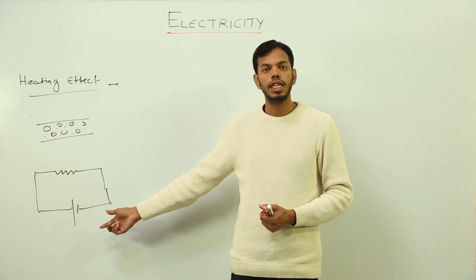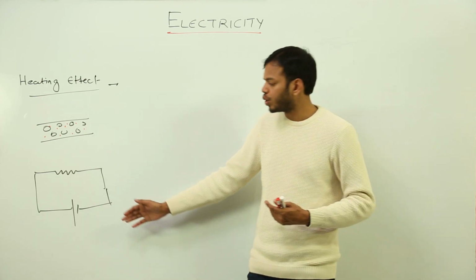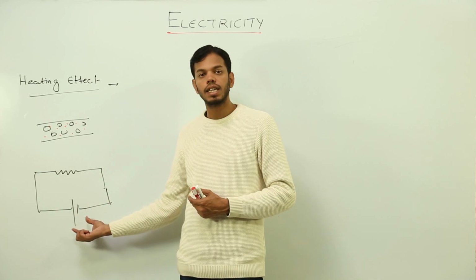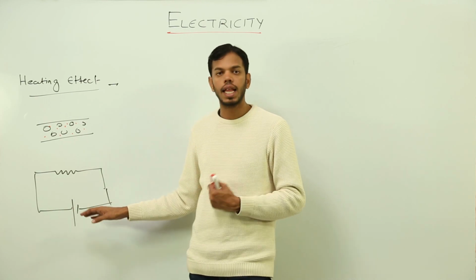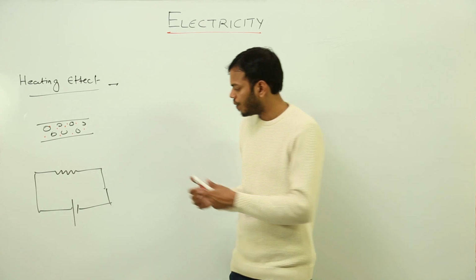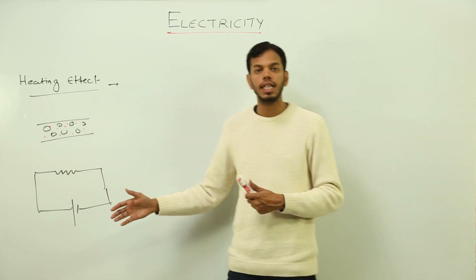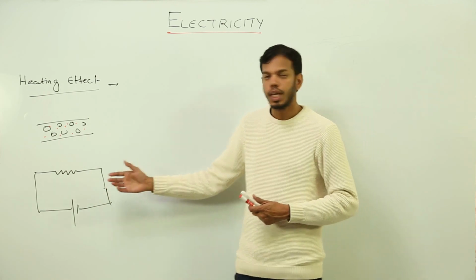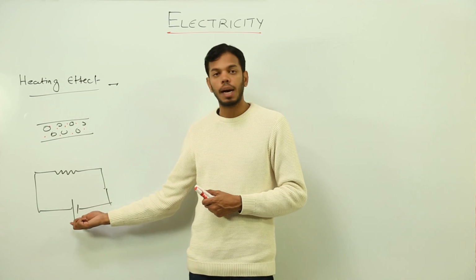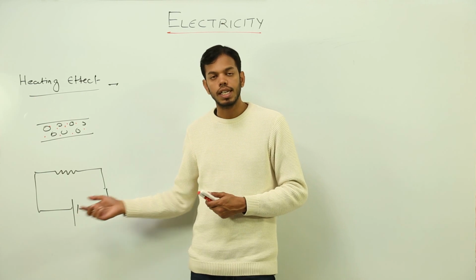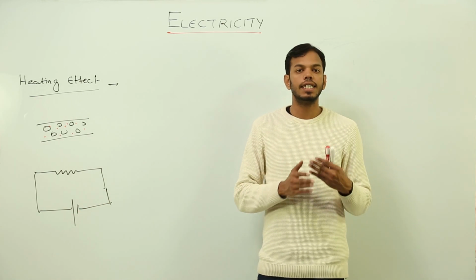Chemical energy stored in it. The chemical gets depleted, due to which it creates a potential difference across its ends, and that potential difference causes the flow of electrons. So this potential difference, which is making the electrons flow from one part to another, is coming from what? It is coming from the chemical energy stored in the cell. So that chemical energy is getting depleted.